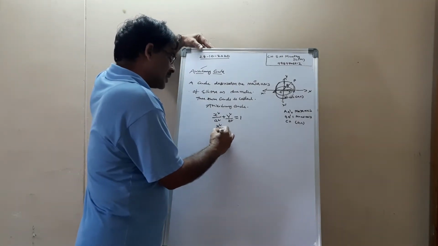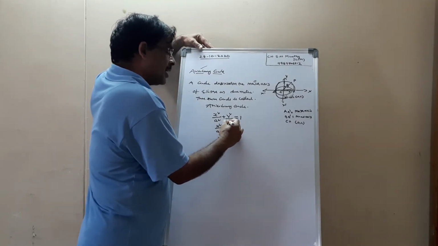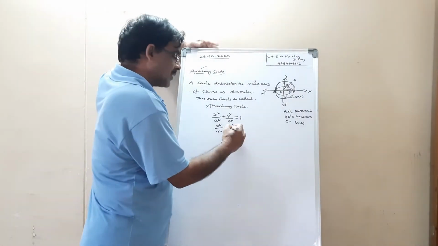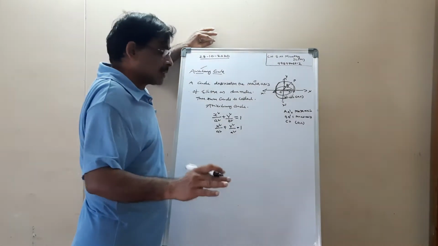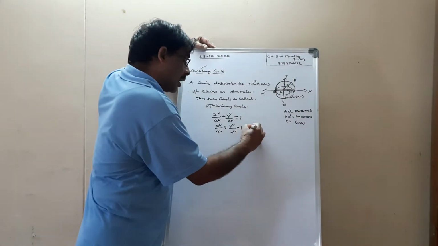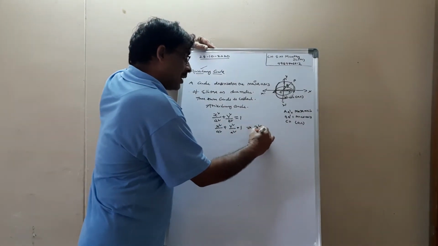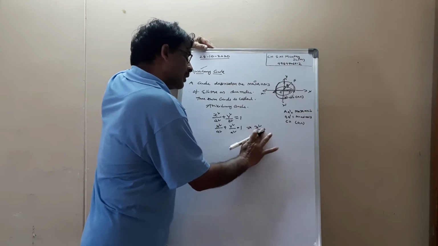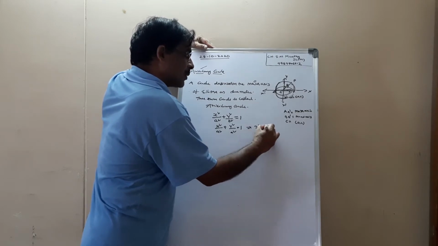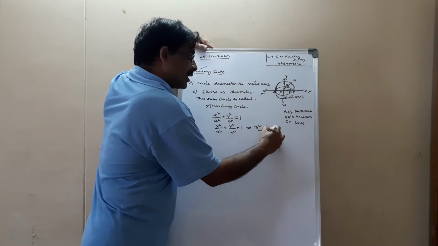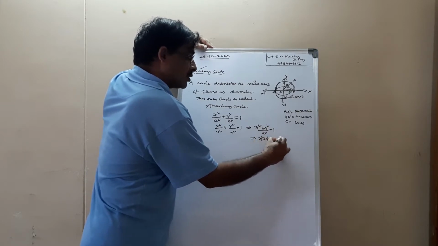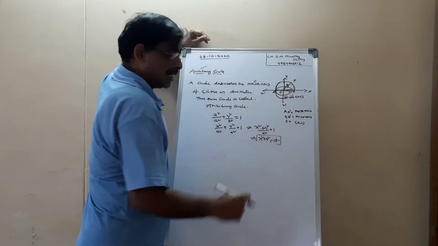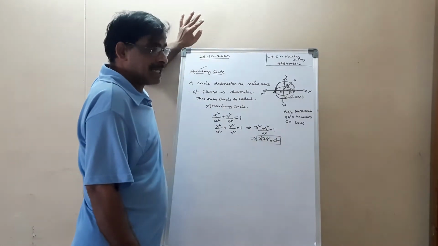X square by A square plus Y square by A square equal to 1. Taking the LCM directly, X square plus Y square equal to A square. This is the equation of our auxiliary circle.